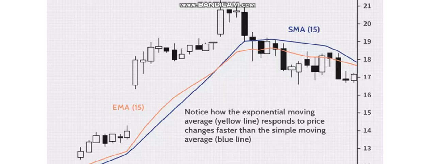You can notice here that the simple moving average is this line and these are the price fluctuations, but the SMA is still stagnant here. There is very slow movement, but you can see the exponential moving average has already shifted towards the candles in the direction of the market. So this is the difference actually.